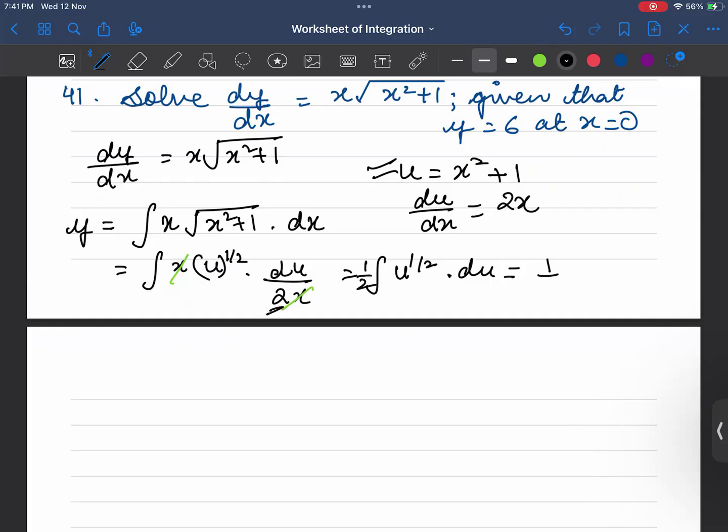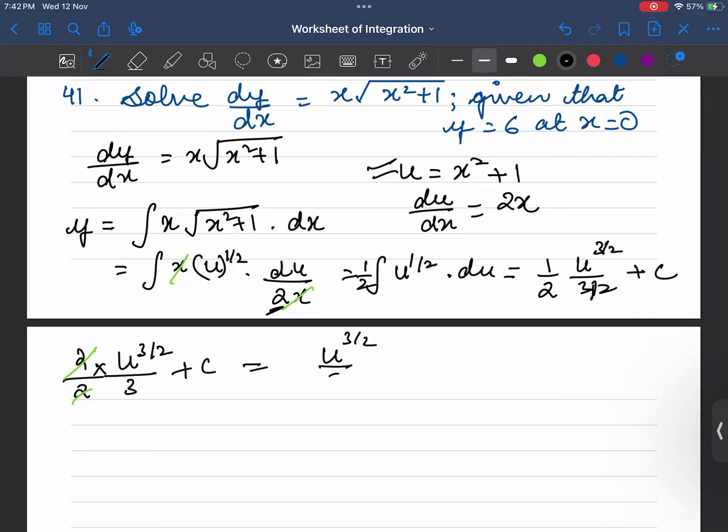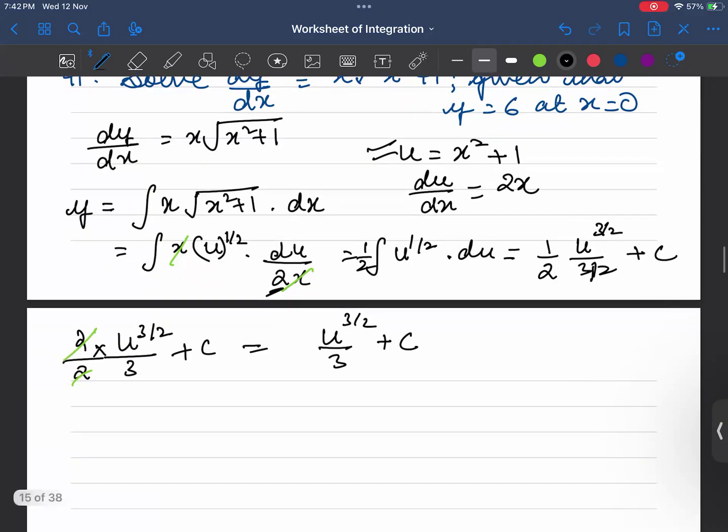One upon 2, it would be u power 3 by 2 upon 3 by 2 plus c. When I take the reciprocal, it would be 3 multiplied by 2, and over here 2, so both have been cut. It would be u power 3 by 2 upon 3 plus c. Now I'm substituting back: u will be x square plus 1, so x square plus 1 power 3 by 2 upon 3 plus c.